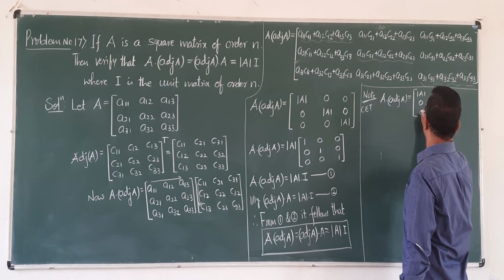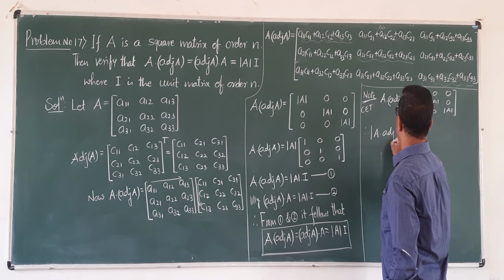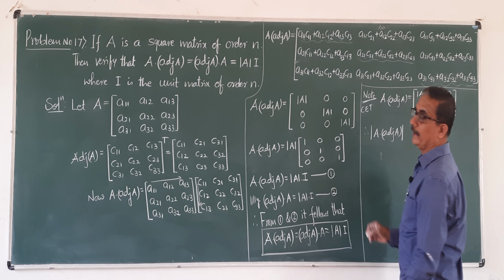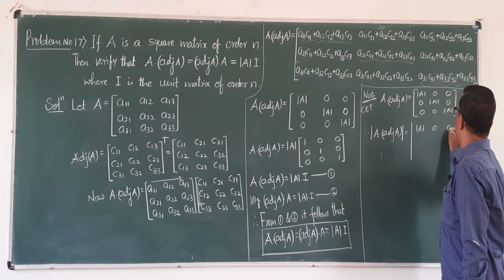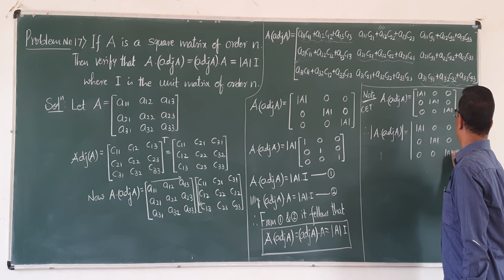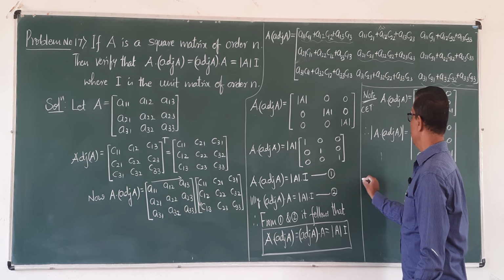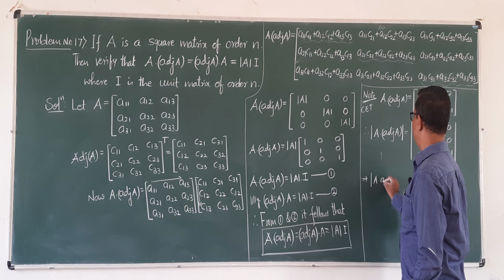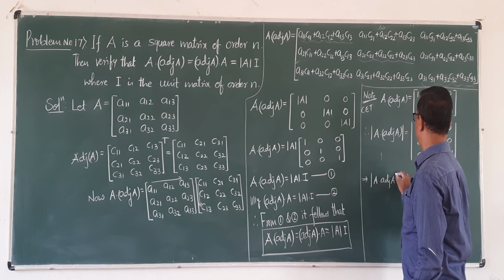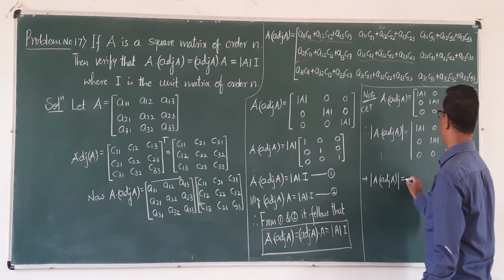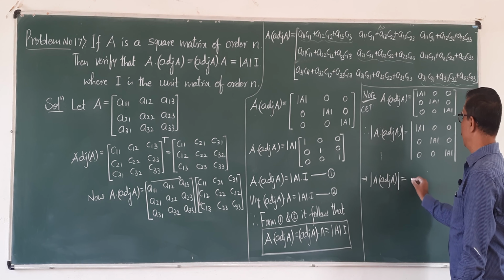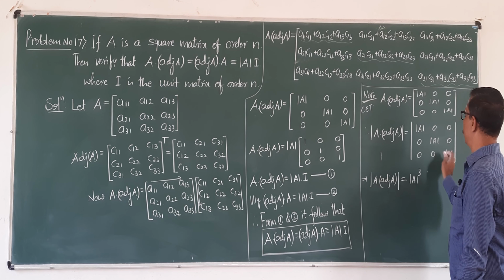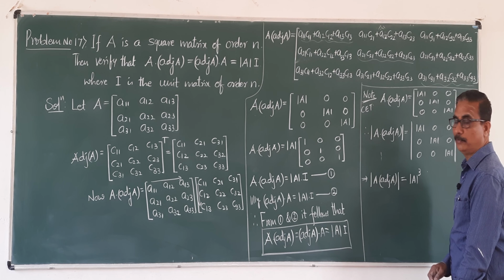Now by taking the determinant on both sides, what happens? Determinant of A into adjoint of A is equal to the determinant of the matrix determinant of A 0 0, 0 determinant of A 0, 0 0 determinant of A. So this implies determinant of A into adjoint of A is equal to, expanding it, property number 8, the product of the elements in the principal diagonal: determinant of A into determinant of A into determinant of A, that is determinant of A whole cube.